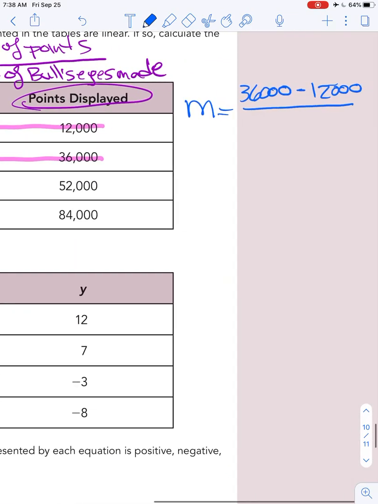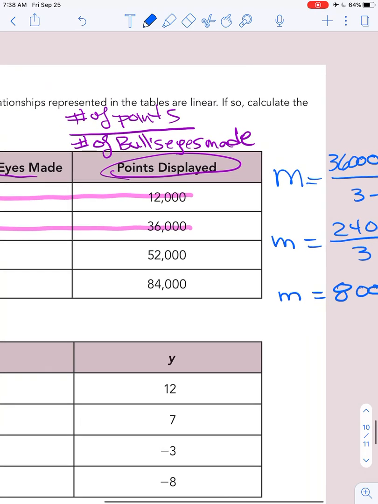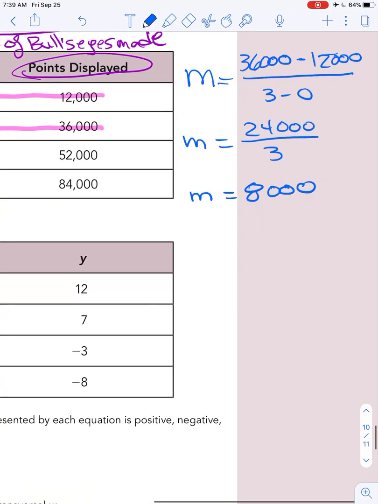And then I look over here, it's 3 minus 0. When I do that, I get 24 thousand over 3, and that would get me 8,000. Look up here, it's number of points over number of bullseyes made.